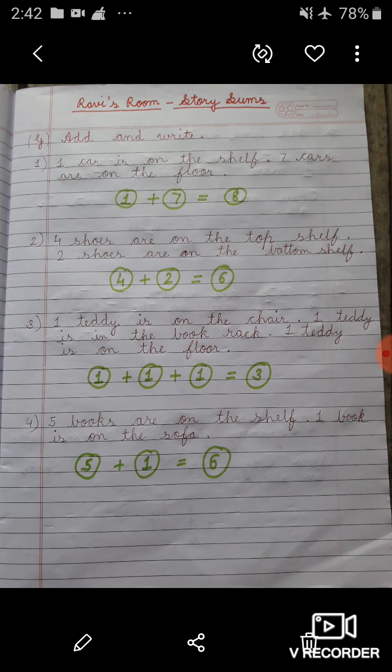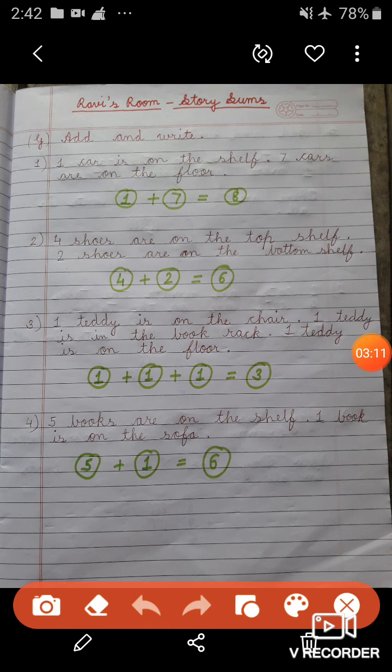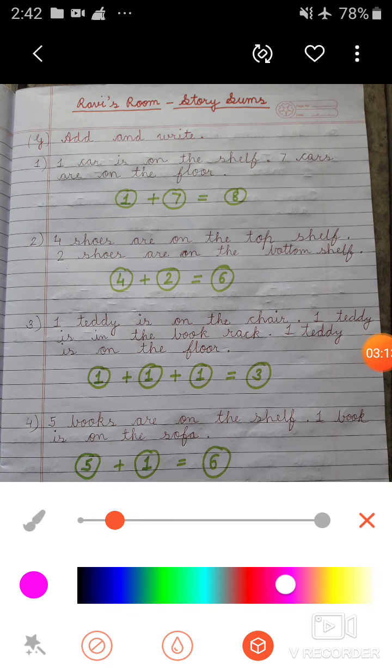So here you have to add 1 and 7 to know how many cars Ravi has. When we add 1 and 7, we get the number 8. So Ravi has a total of 8 cars.